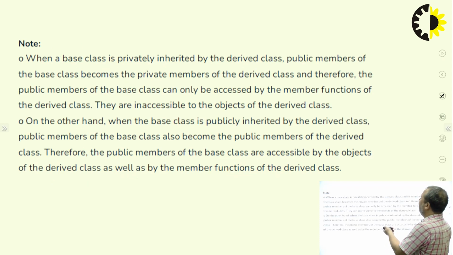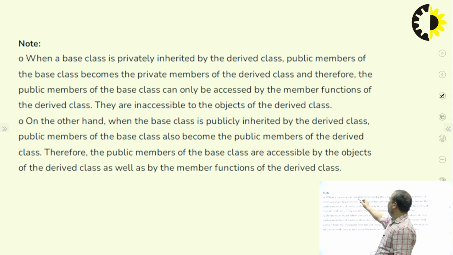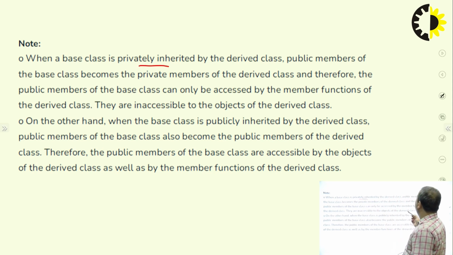When a base class is privately inherited by the derived class, the public members of the base class become private members of the derived class, and therefore the public members of the base class can only be accessed by the member functions of the derived class. They are inaccessible to the object.